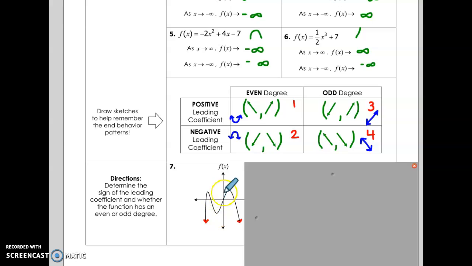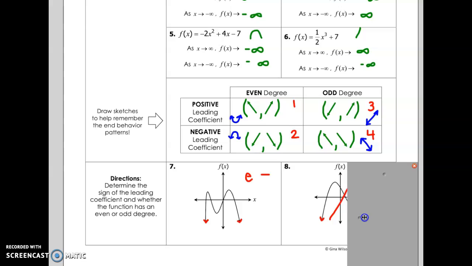There are some curves in between. Since it's the same end behavior, it'd be even, okay? And since it's opening down, the leading coefficient should be negative. Now, based on what I know, there are 1, 2, 3 turning points, so I would guess that this is a quartic graph.